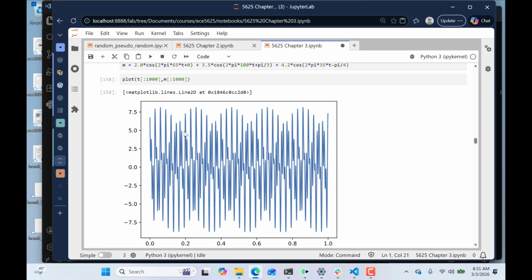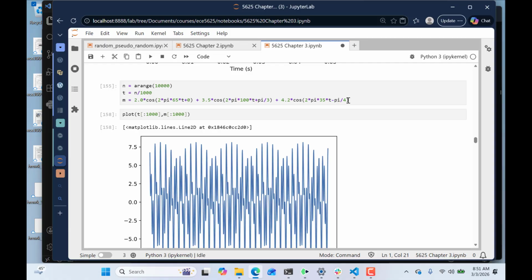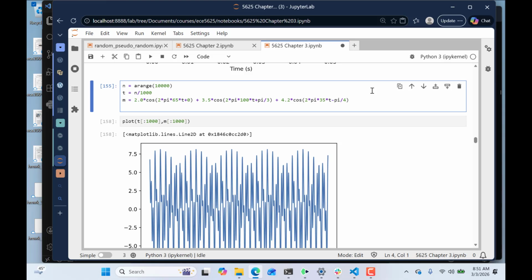Okay, so there's what the composite waveform looks like. And now I can create a modulated carrier, and in reality I probably would like to take this up to 10,000 hertz so I can put the carrier at a frequency that's somewhat above. So I'm going to create my X sub AM.